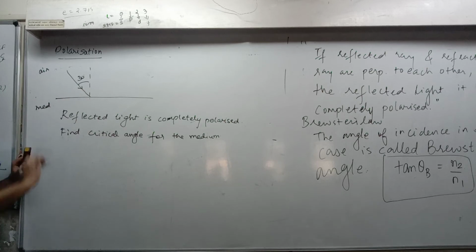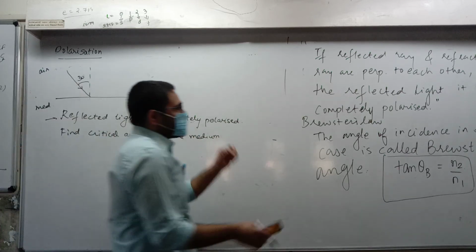This light is incident at what angle? 30 degrees. Reflected light is completely polarized. Then what do you have to find? Critical angle. Okay, give it a try.